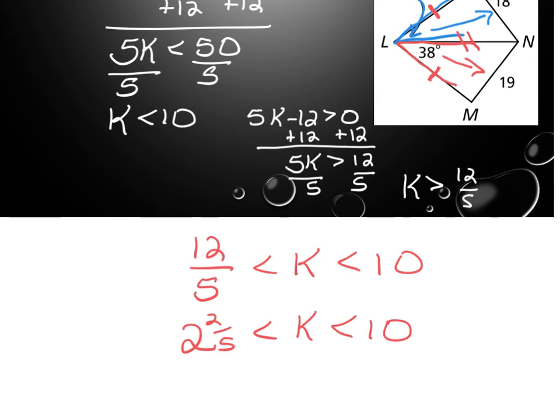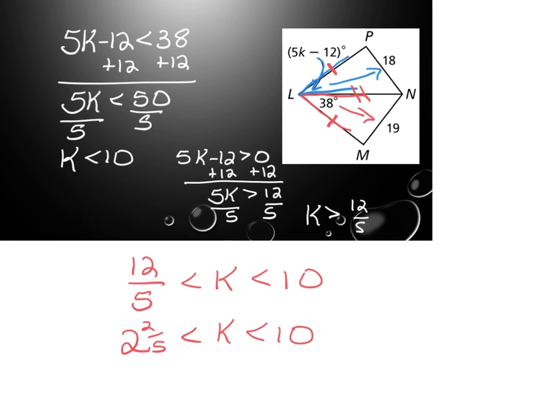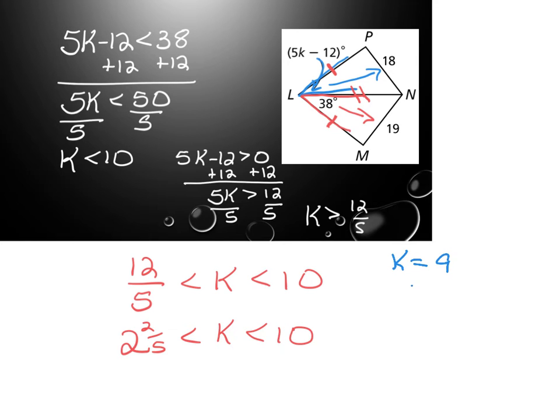And that's going to give me an angle measure. Once I plug in that value for K, it's going to give me an angle measure between 1 and 38. Yes? Why did you do 0? Because when I plug in K, let's first take the top end. Let's say we plug in K equals 9. If I do 5 times 9 minus 12, 45 minus 12, this is going to give me an angle of 33 degrees.